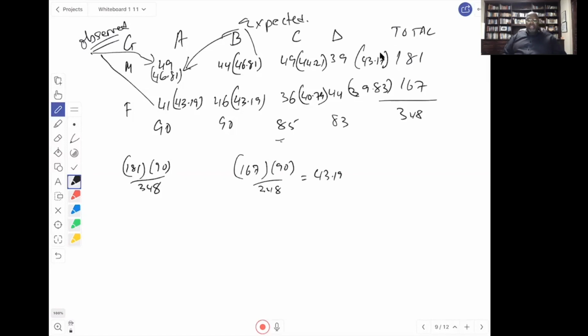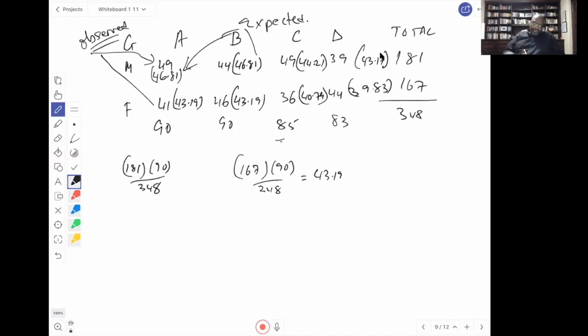Expected frequencies versus observed frequencies. And the idea is, we observe 49, but if the proportion of fish in each location is the same, we expect to see 46.81. Now, the question you'll ask yourself is, is 46.81 very different from 49? Maybe it is, maybe it's not. We don't know, all right?